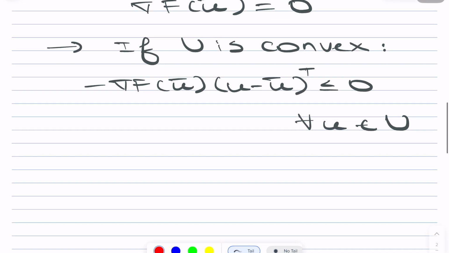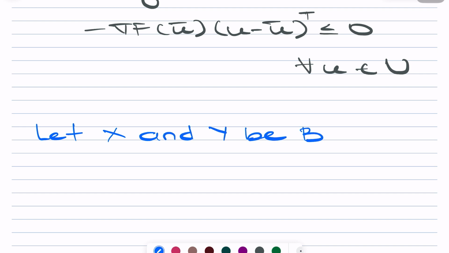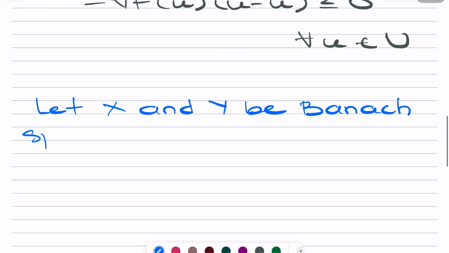So you just need to transfer the classical derivative concept to Banach spaces. This is done in the following way. Say now you have a couple of definitions. So let X and Y be infinite dimensional Banach spaces.